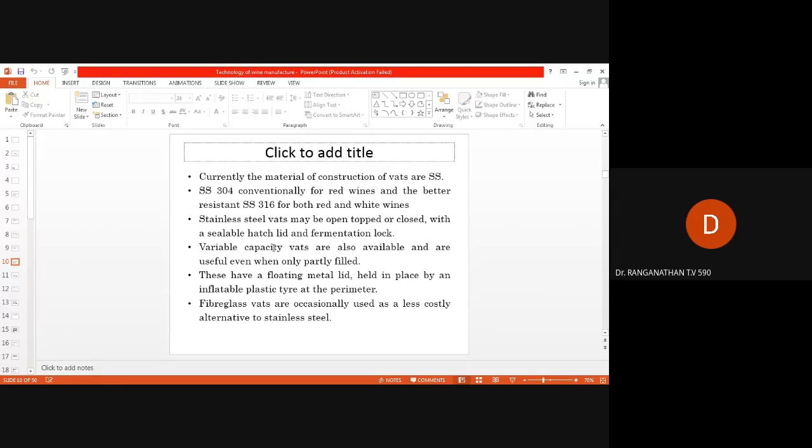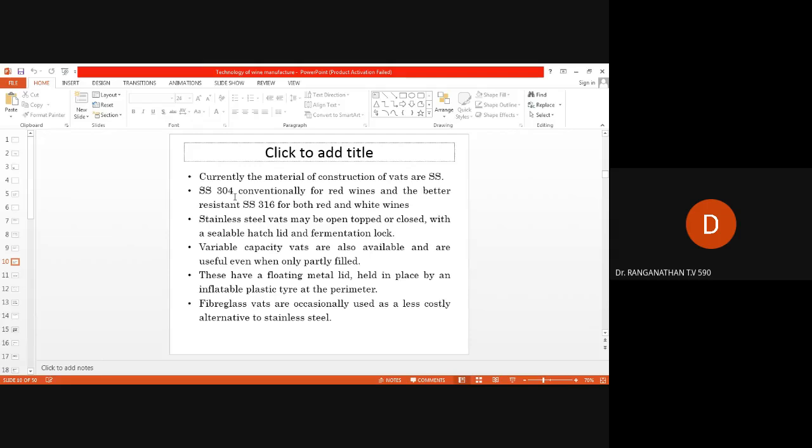And normally, wooden vats were the conventional vessels or containers that were used long back for the fermentation of wine. But then, with the advancement of technology and moving over to large scale production, we have the inclusion of stainless steel.